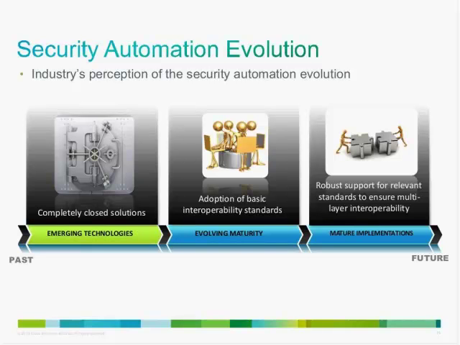What we define right now is that the industry perception of security automation is that we're pretty much around here where this arrow is pointing. And the reason is because we do have several standards that are being used by customers, by the industry, and by vendors. But we do have, of course, a road ahead of us.